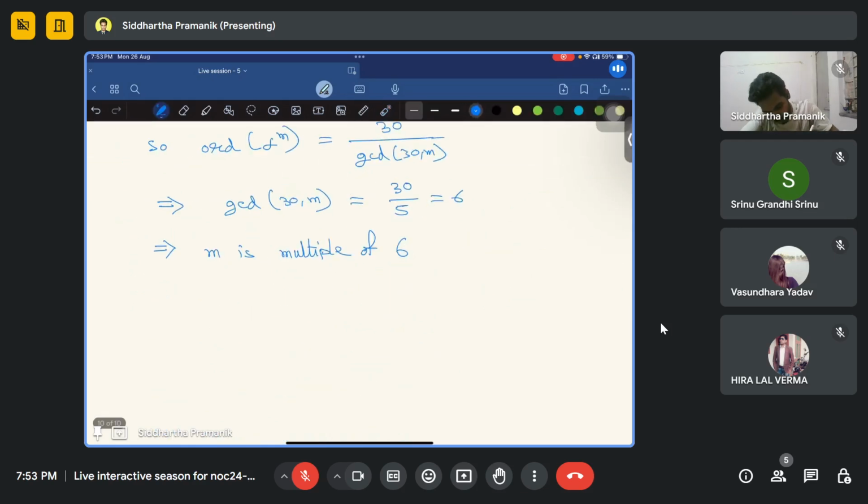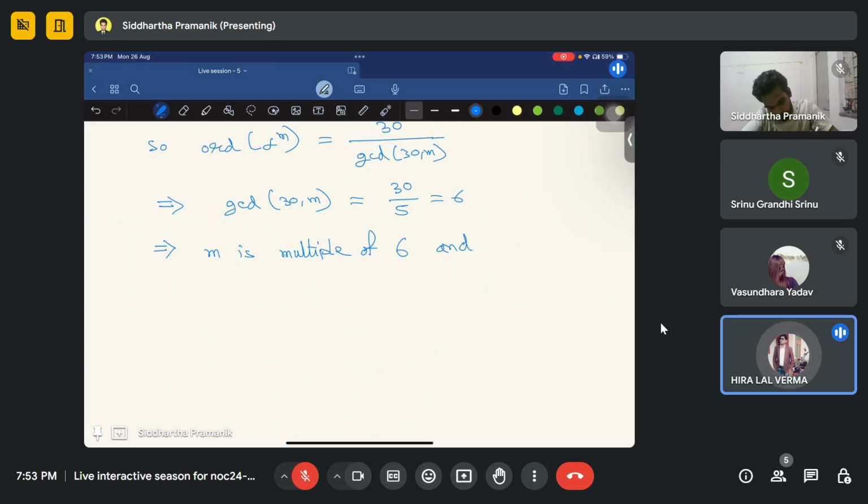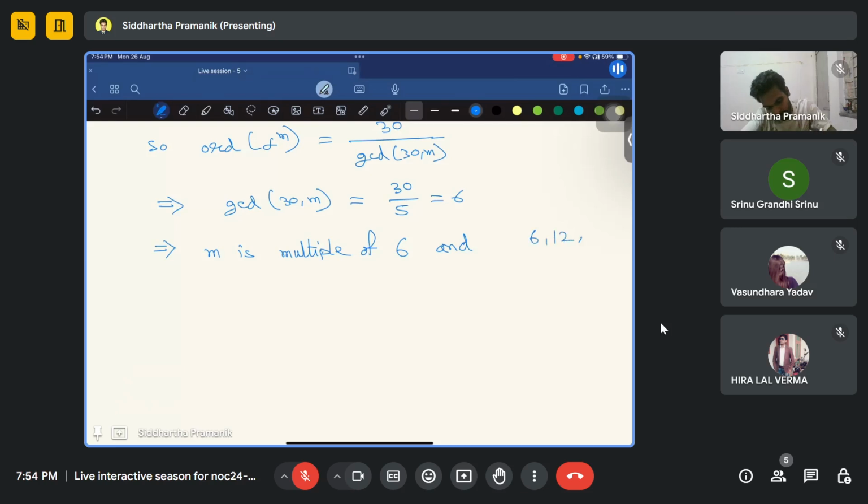So we should put one more restriction. m is a multiple of 6, and yes, it can be 6, 12, 18, 24, but not 30. So it cannot be a multiple of 30. So let me write this: m is a multiple of 6, and m is not a multiple of 30.